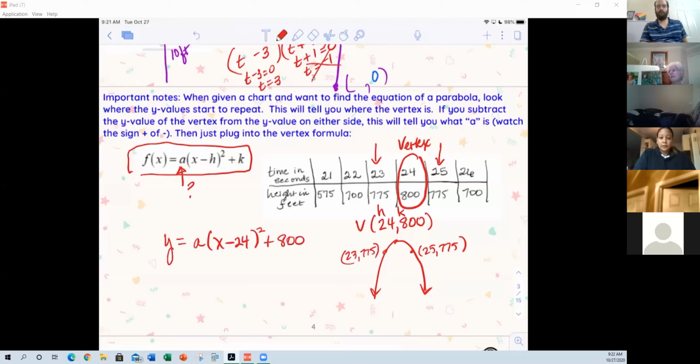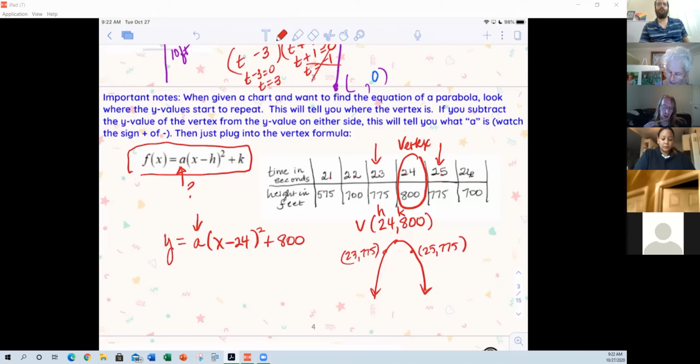If you do that much, you get half credit for the problem because you found the vertex and you know where to plug it in. Now finding the a is super easy too. In this problem, you'll notice that each one of these is 1 second apart. So you would just subtract the vertex from either point on the other side.